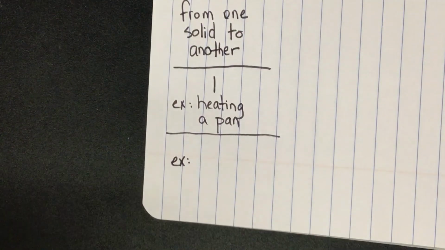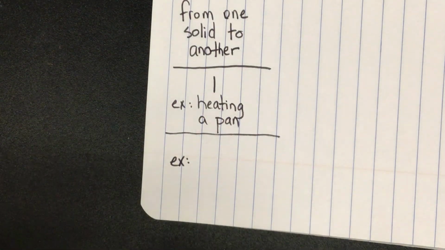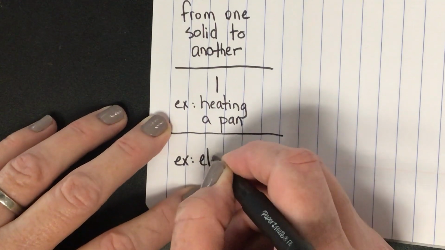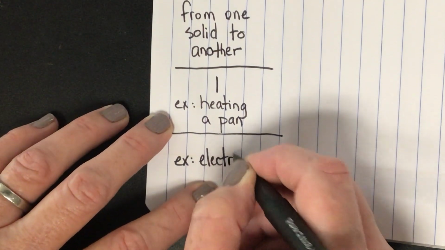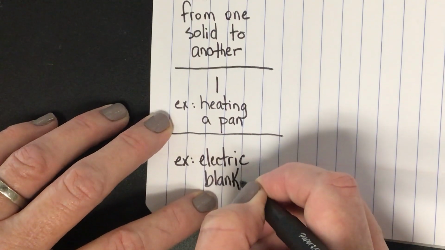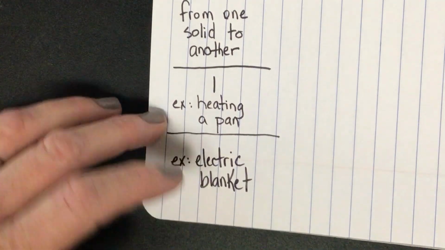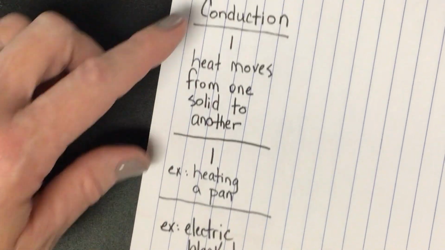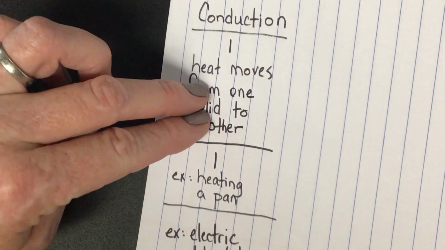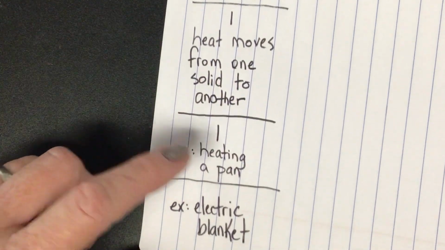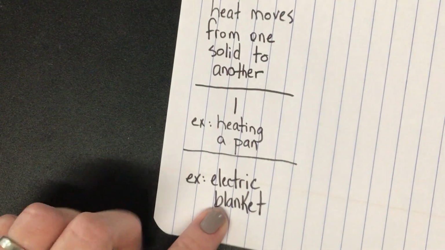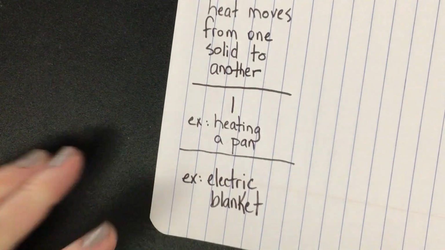That blanket is on top of you, and so the heat's going directly from the blanket to you. Electric blanket. So conduction is the type of heat transfer that goes from solid to solid, like when we heat a pan, directly from the stove to the pan, and the blanket to you.